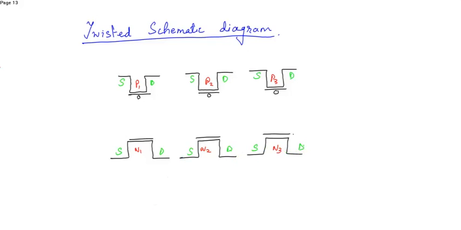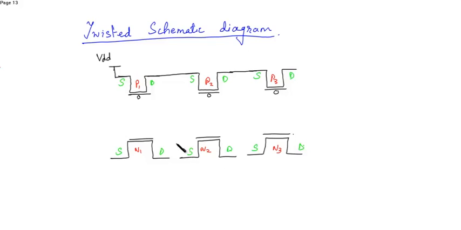Now the source is connected to VDD. Now the drain of P1 is connected with the source of P2. Drain is connected to source.